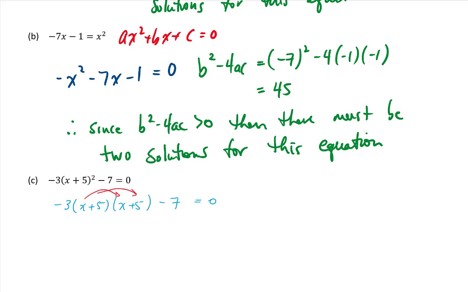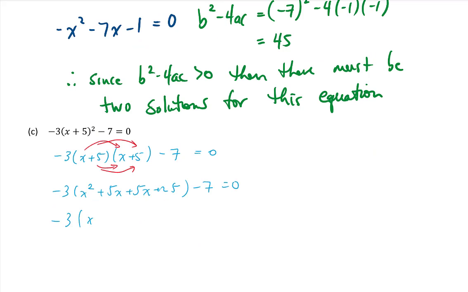We're going to use our distributive property, and we end up with negative 3 times (x squared plus 5x plus 5x plus 25) minus 7 equals 0. That gives us negative 3 times (x squared plus 10x plus 25) minus 7 equals 0.